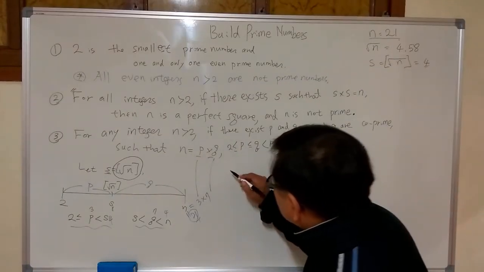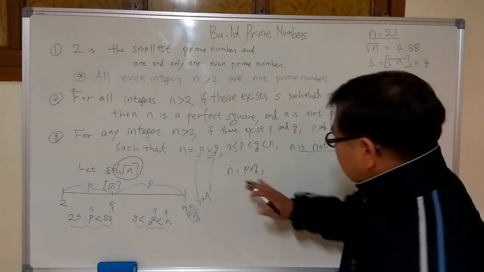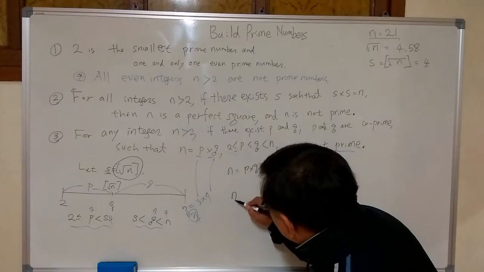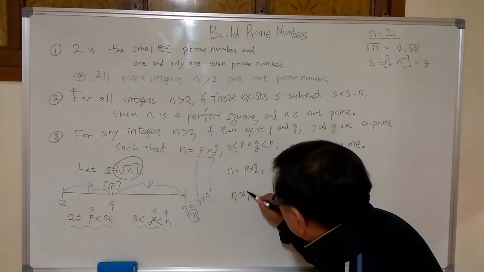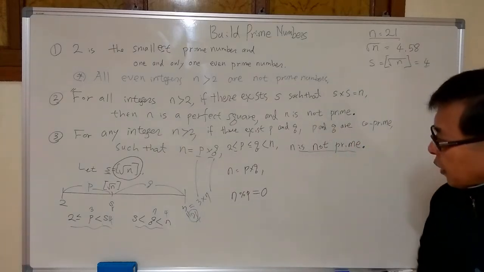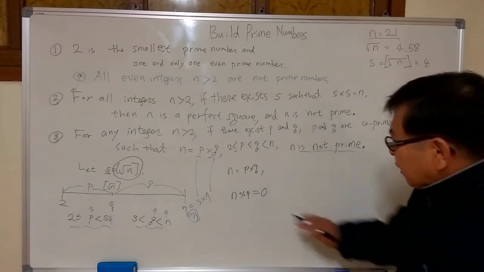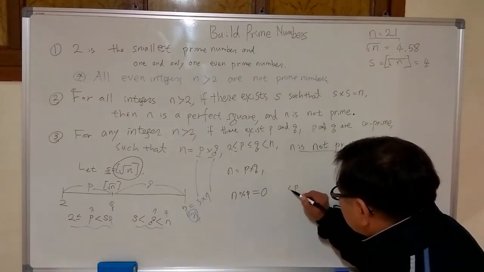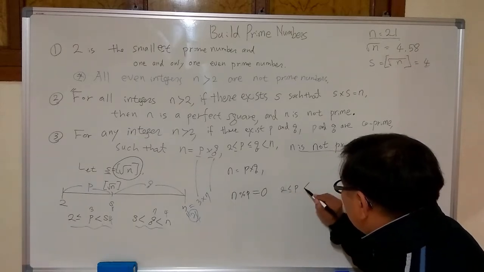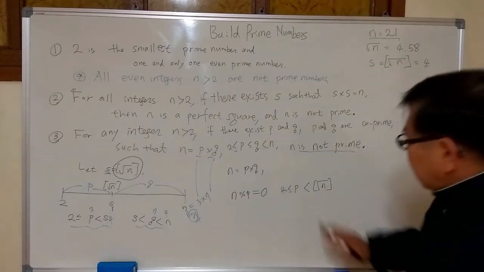It can be summarized with n equals P times Q. It means for n modulo P equals 0, a certain number P can divide number n, where P is greater than 2 and less than square root n, like this.